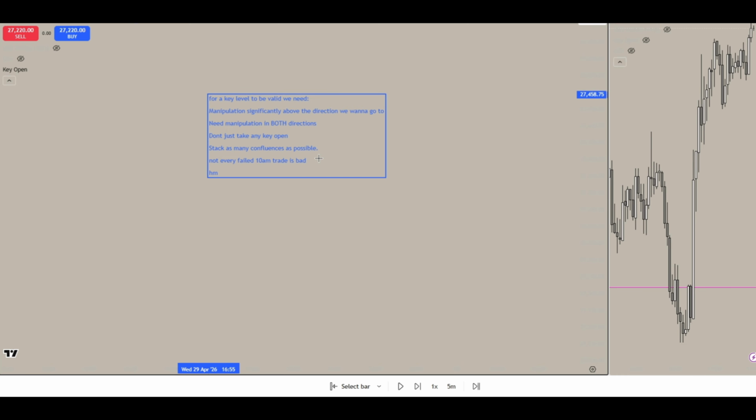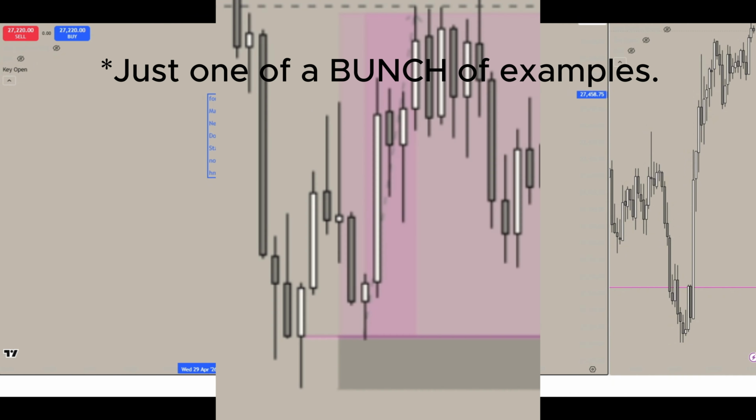And then we've got an honorable mention. Rejection blocks with key opens print, especially in the last weeks, I'd say. I went on a crazy win streak, genuinely basically just trading rejection blocks and key opens.